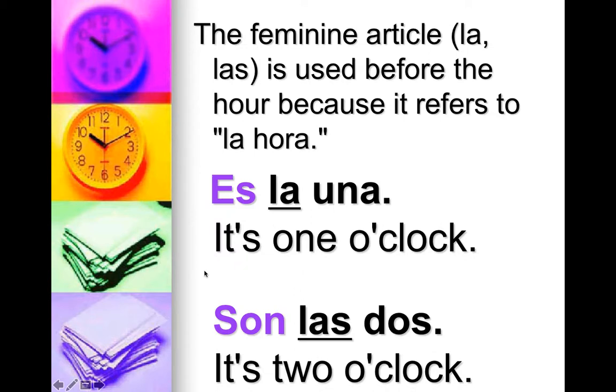The feminine article la and las is used before the hour because it refers to la hora, and la hora is the word for hour in Español. So that is why it will always be either la if you're talking about 1 o'clock, or las. It would never be the masculine definite article el or los because you're talking about la hora, which is femenina.